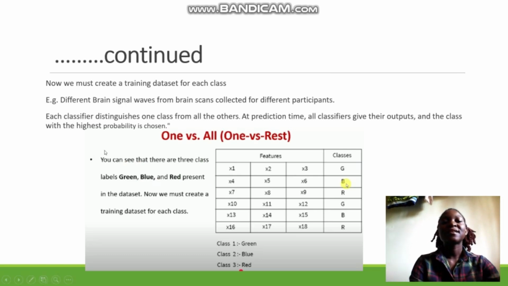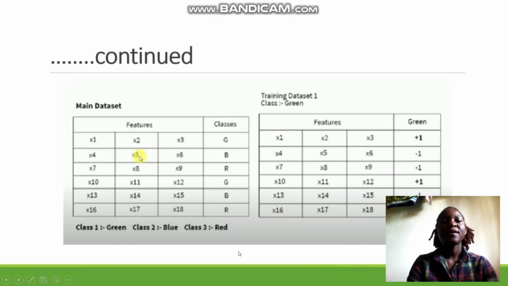So this is another example. We have three classes: blue, green, and red, and these are the features and our classes here. Classifier 1 is distinguishing green from the rest.